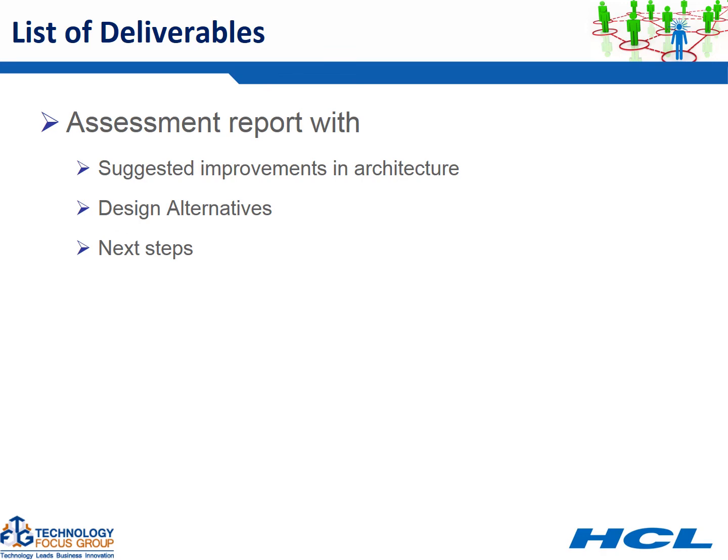So you will have an assessment report which will have suggested improvements in architecture. You will say that this is the potential bottleneck, and to avoid this bottleneck, these are the suggested improvements, these are the design alternatives, and how to take these forward. That next step will also be part of your assessment report.